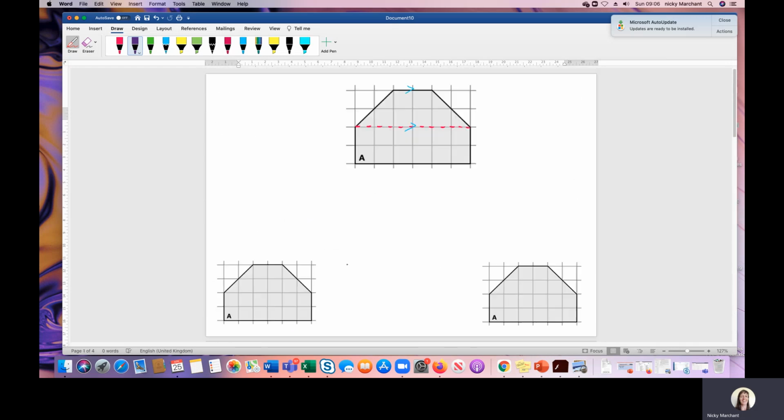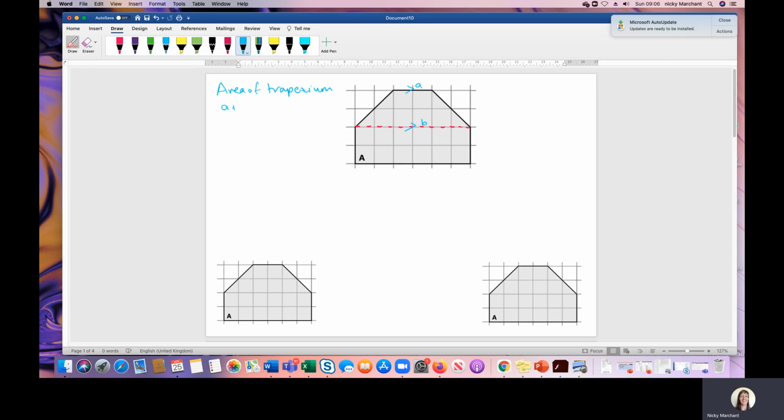Okay, so back to our shape. For the trapezium here, we're going to use the trapezium area rule. So the area of a trapezium. Now you will have a formula sheet for this, but it's worth practicing. Your a and your b are your parallel sides.